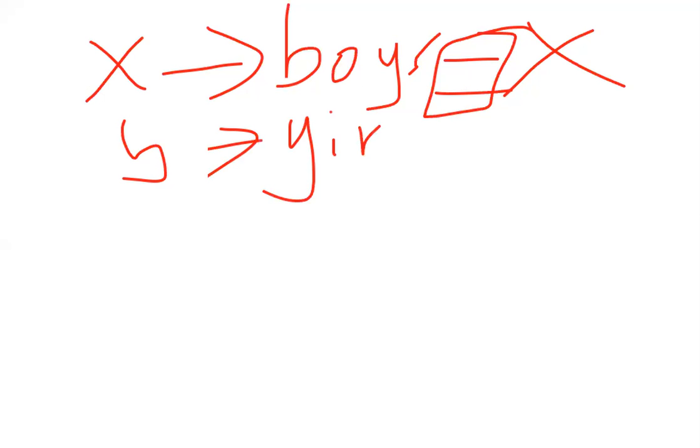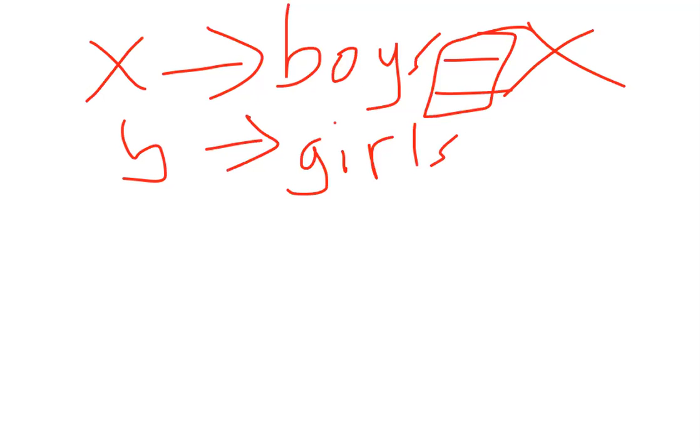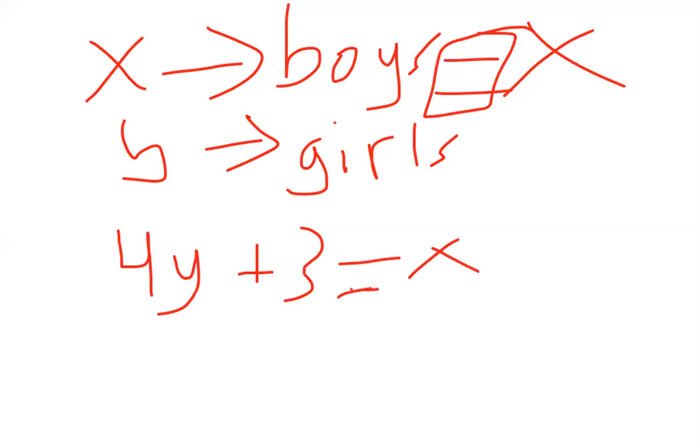It's always good to also lay down your variables and what they mean. So the number of boys is, no, it's 3 more than 4 times the number of girls. So it's 4y, 4 times the number of girls, plus 3. It's equal to the number of boys.